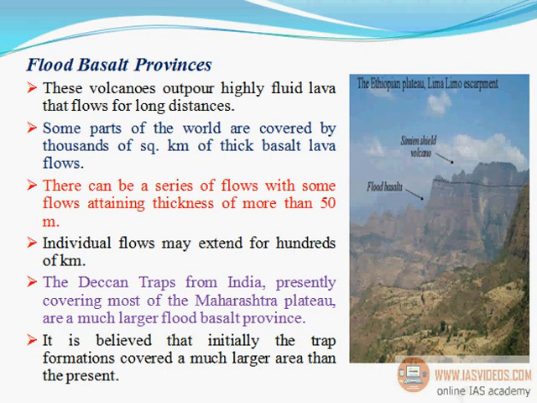Individual flows may extend for hundreds of km. The Deccan Traps from India, presently covering most of the Maharashtra plateau, are a much larger flood basalt province. It is believed that initially the trap formations covered a much larger area than the present.